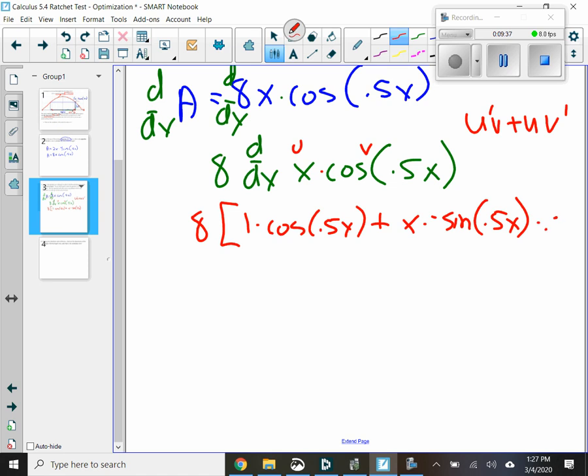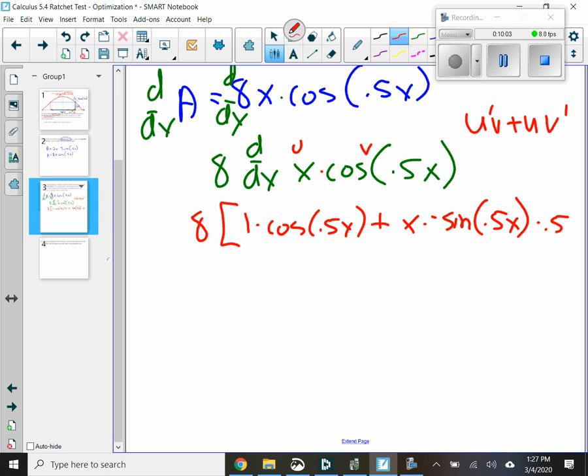Yes, u prime v, then v prime is negative sine 0.5x times the derivative of the inside, which is 0.5. Am I going okay so far?